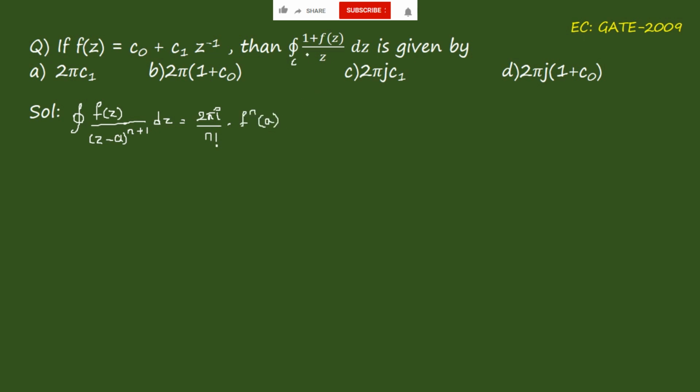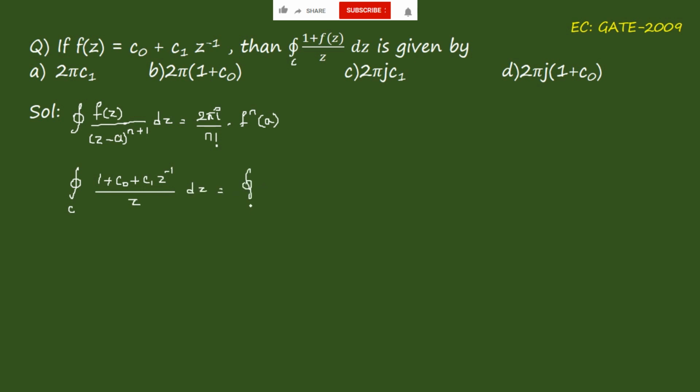Now we substitute the same thing here also. First, substitute the value of f, which is equal to c naught plus c1 z inverse. So we get the integral over the closed curve of 1 plus c naught plus c1 z inverse by z dz. Expand this particular integration.